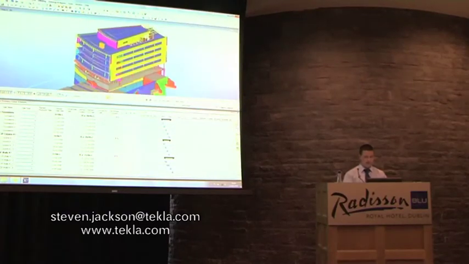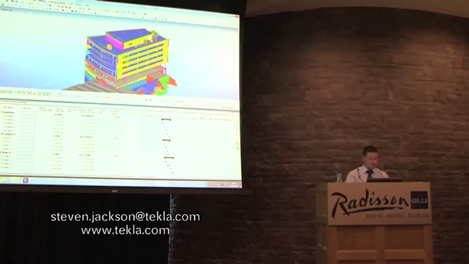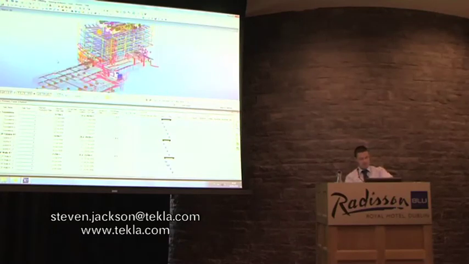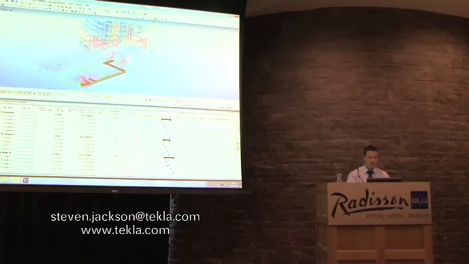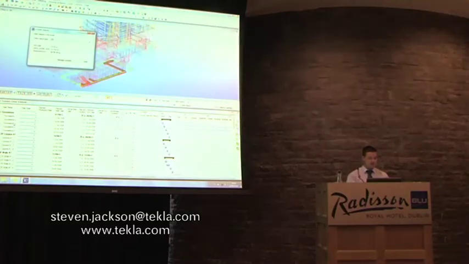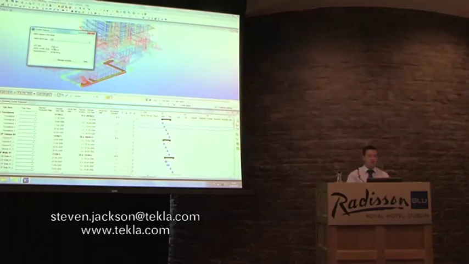Okay, so what we have here is the task manager. So we have the foundations. If I highlight the foundations there, when I pick them in this model, you'll see it's highlighting all the foundations for that area. And again, using custom inquiry, I can see that for that foundation pour 2, I've got 33 cubic metres of pour to be done. And of course we know these volumes, and we know the rate they can pour things and lay things.